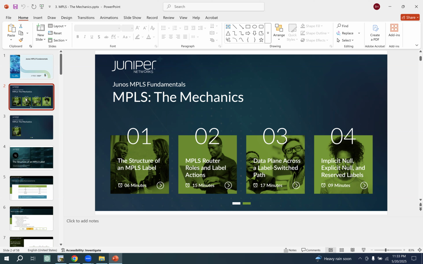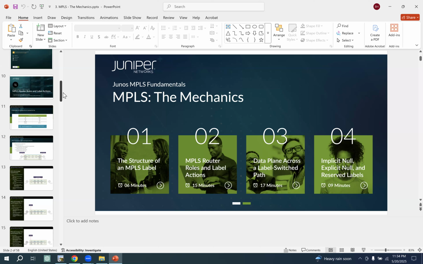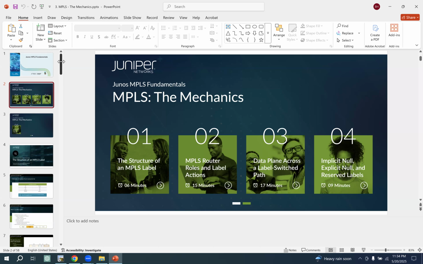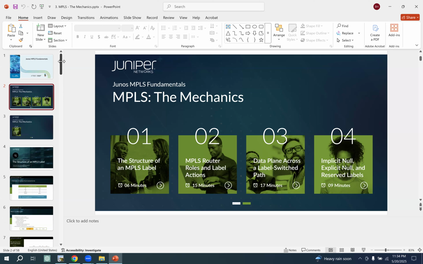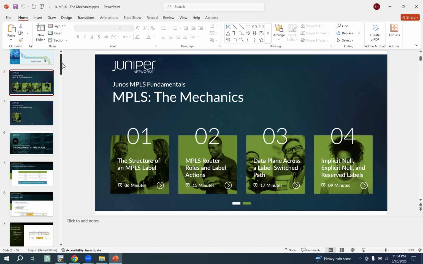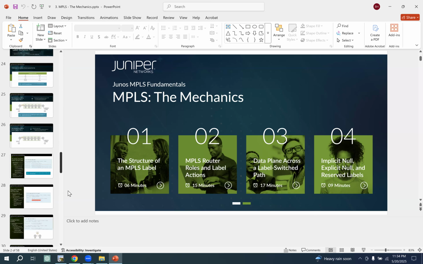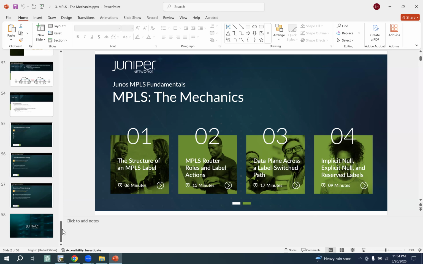And there are some special, reserved labels, 0 to 15, and some special labels are explicit null and implicit null. So you can say this is totally the BGP and MPLS label distribution mechanism, how it works in the MPLS domain. This is the summary of our today's topics.